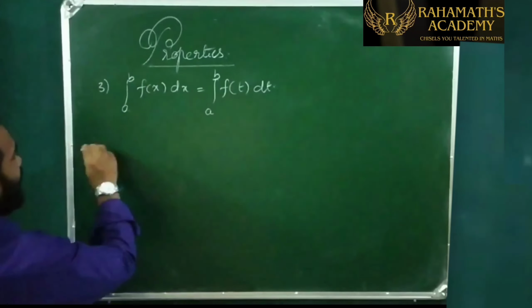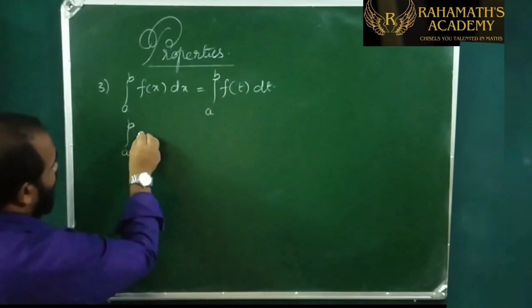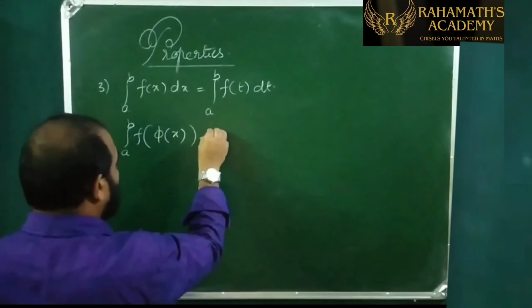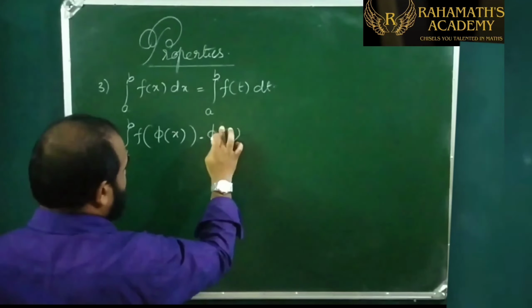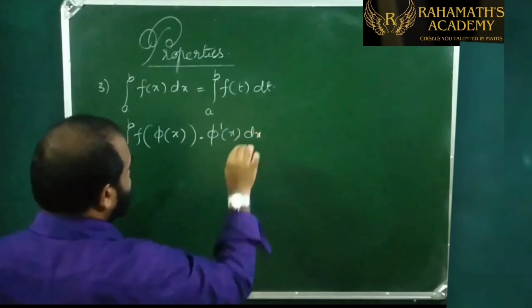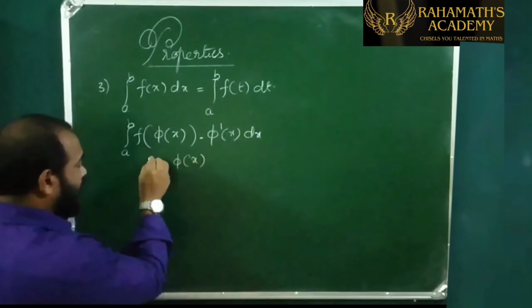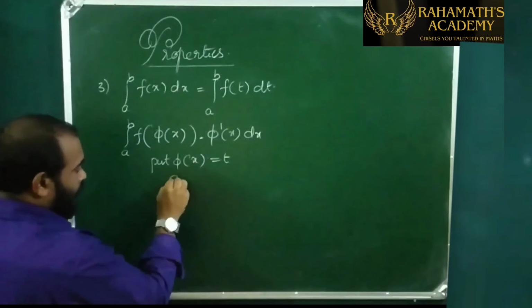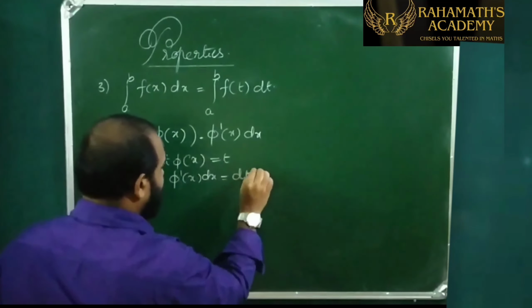So that is why, if you take the integral from a to b of f(phi(x)) into phi'(x) dx, put phi(x) equal to t, then phi'(x) dx is equal to dt.